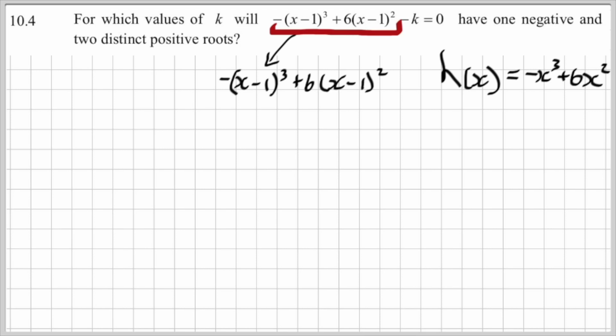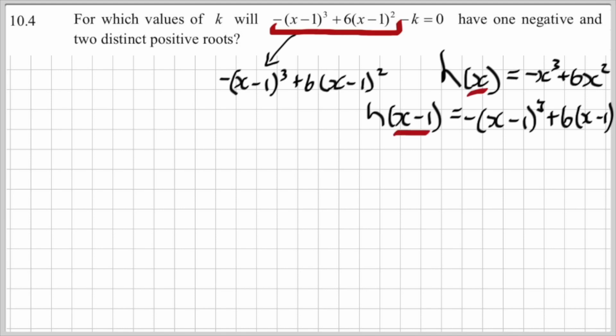When I look at h of x, which is that, how do these two expressions relate to one another? That is an important thing. Well, if I look at replacing x with x minus 1 and keeping that as h of x minus 1, remember it means that I replace every x with x minus 1.